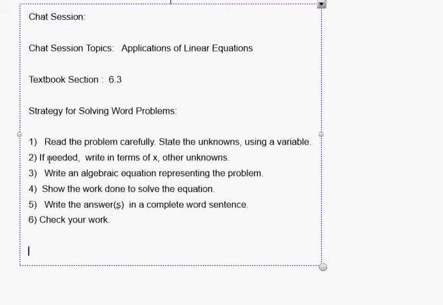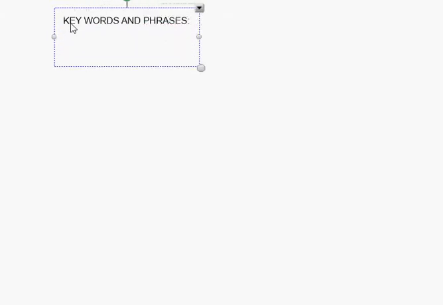Now, there are many keywords and phrases that you can use in solving word problems. So we're going to take a look at some keywords and phrases right now. For instance, sum, we know means addition.